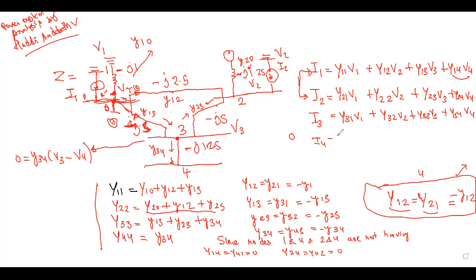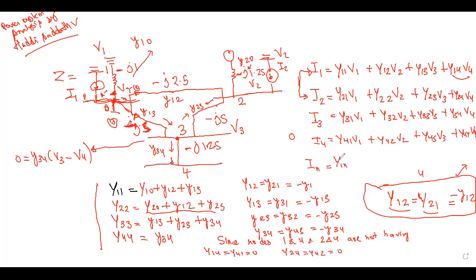So I4 up to IN. See, Y41 V1 plus Y42 V2 plus Y43 V3 plus Y44 V4. So if you have an equation IN, what would be the first term?